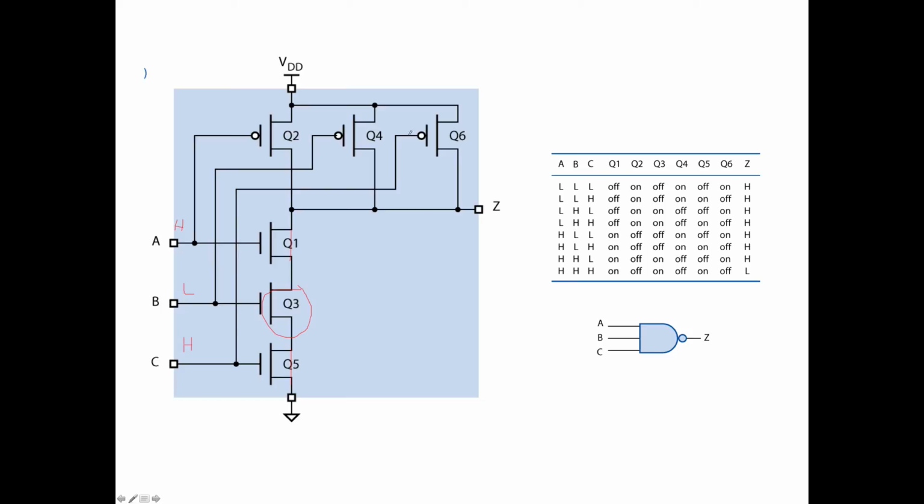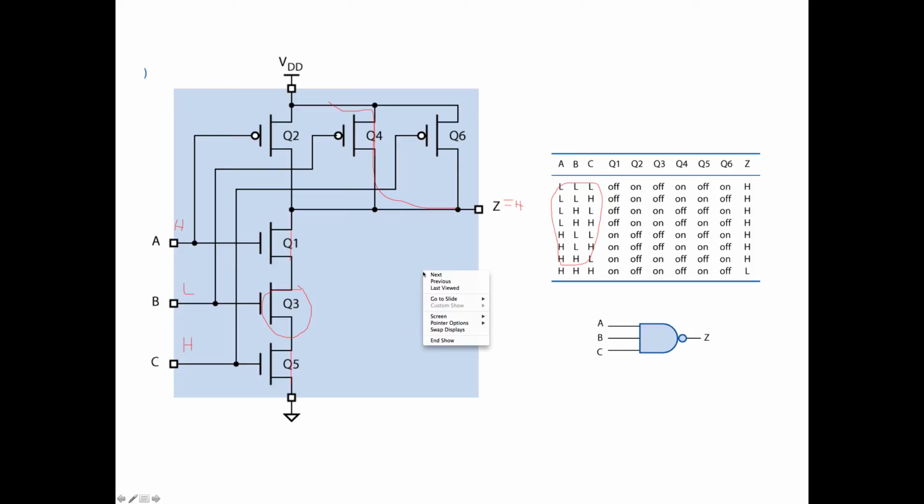Then in the upper half, the middle one, following this, hits the bubble and closes this, so there is a path from Z to VDD because the B input's low, making this a high. You see you've taken care of a lot of combinations. If any one of these inputs is low, which is true of every one of those entries in the truth table, that forces the output to be high.